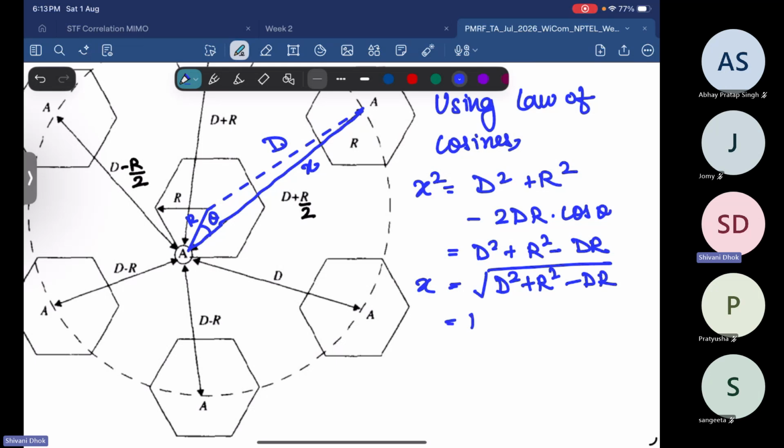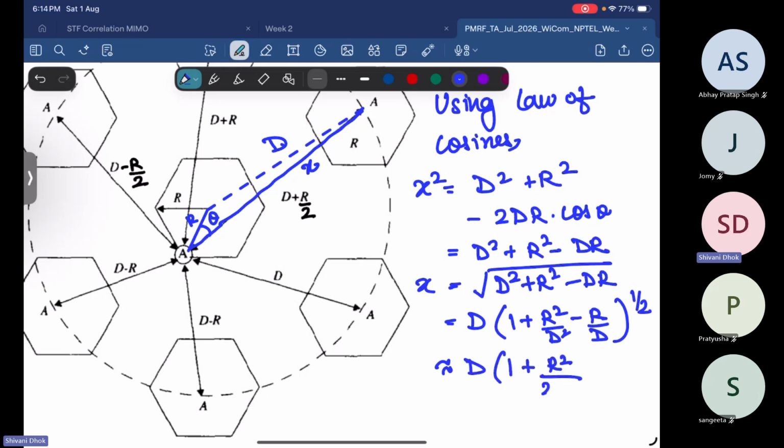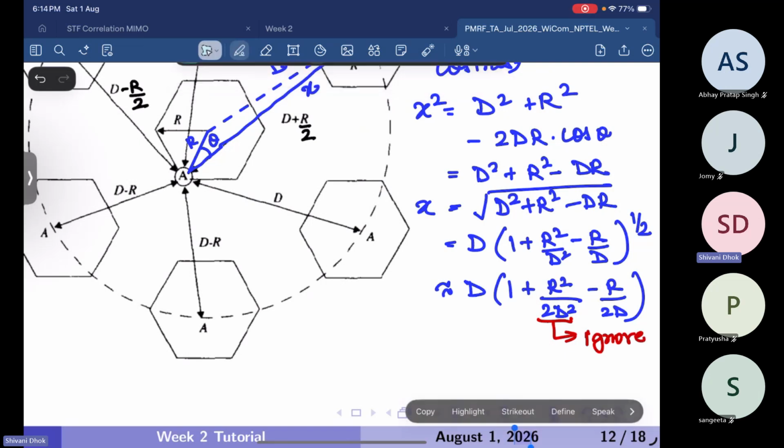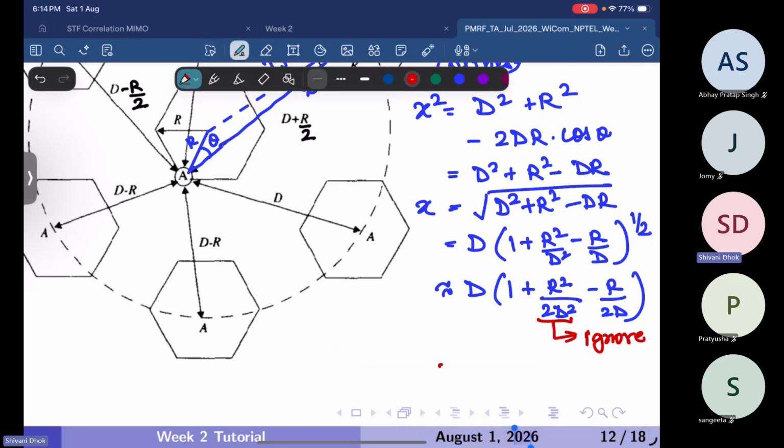I can pull out d outside, then I'll get d times 1 plus r square by d square minus r by d to the power half, which is approximately equal to d times 1 plus r square by 2d square minus r by 2d, and ignore all the terms which have d square in the denominator. So any second order term you ignore. So this is approximately equal to d minus r by 2.